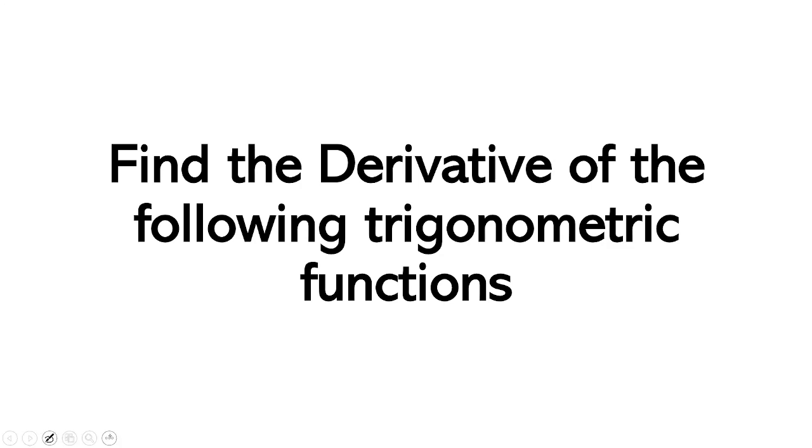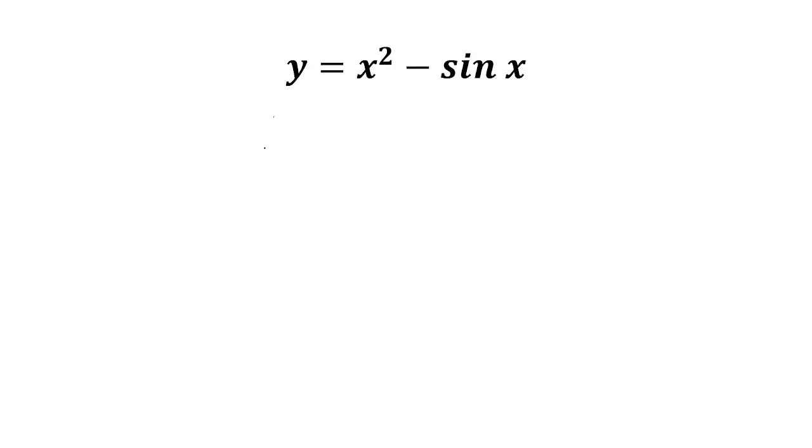Now we'll try to solve the derivative of the following trigonometric functions. First, y equals x squared minus sine x. Let's get the derivative. That's y prime equals, baba lang natin yung 2, and then x, that's 2x.